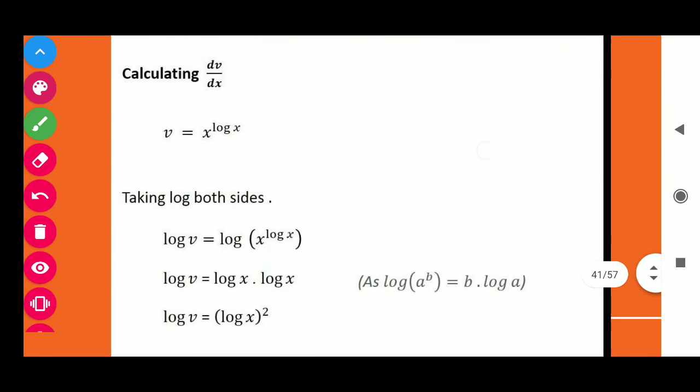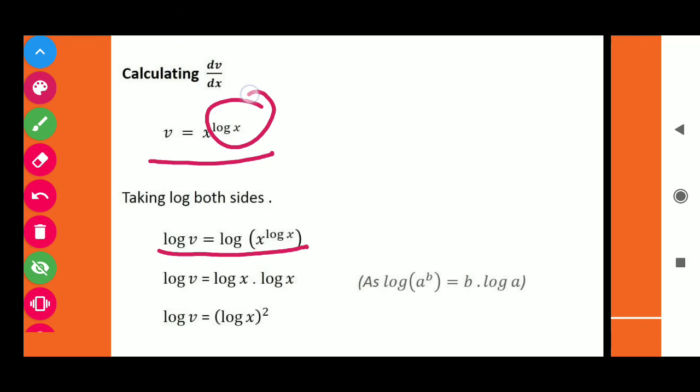Okay, now it's turn to solve the derivative of v, which is x raised to power log x. Taking log on both sides, and here log x is in the power, so move log x in the front. In this way we get log x whole squared.